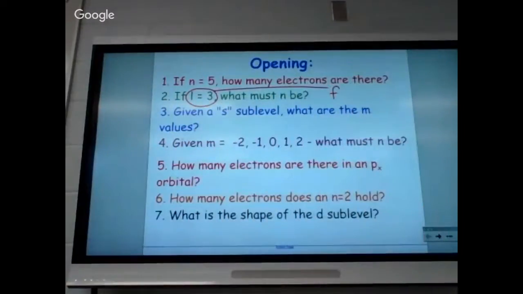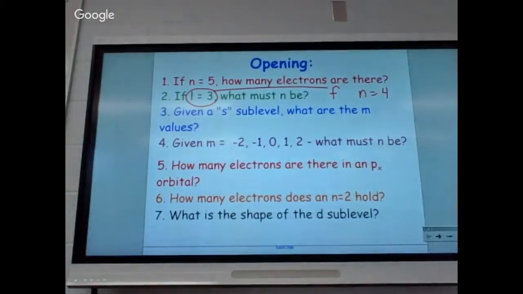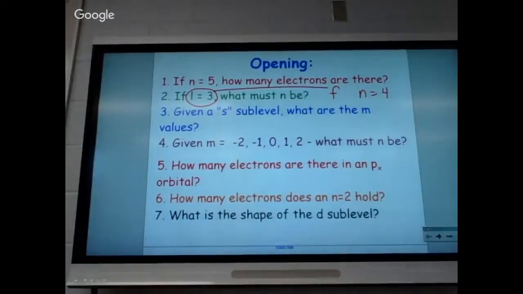S, P, D, F. So to have 4 sublevels, what does n have to be? n has to be 4 to have 4 sublevels. You can't have an F sublevel unless you have n equals 4.